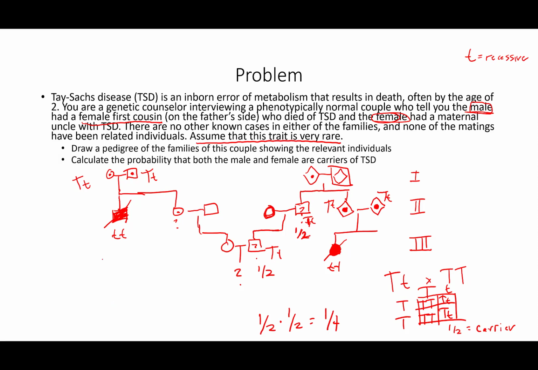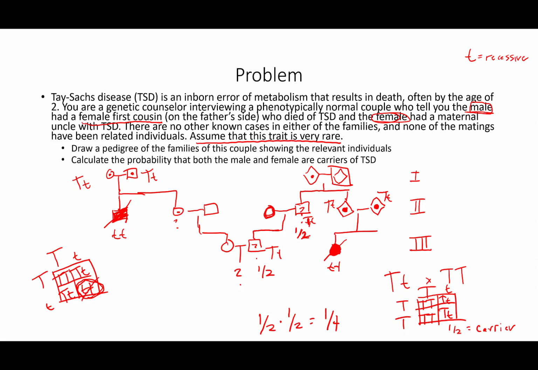Well, this is going to be a different Punnett square. And this is where we get to something a little bit tricky. When we're doing this Punnett square, can this mother right here be this genotype, little t, little t?